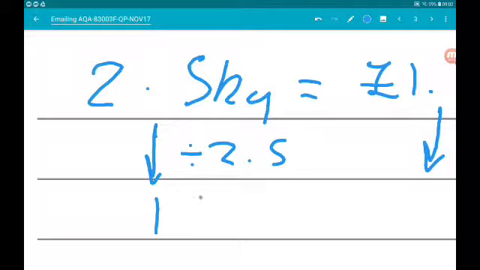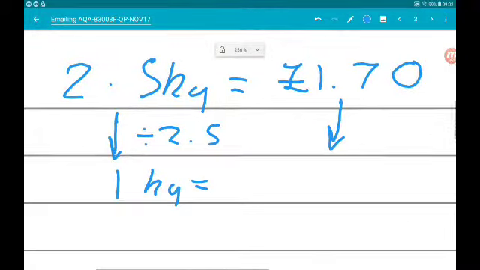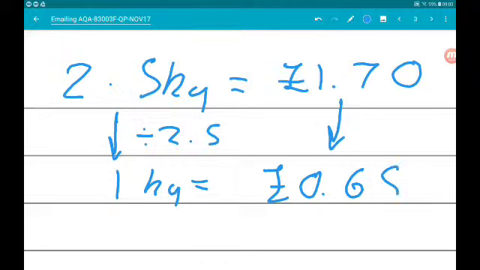So 1 kilogram is equal to £1.70 divided by 2.5, which gives us 0.68, or 68p.